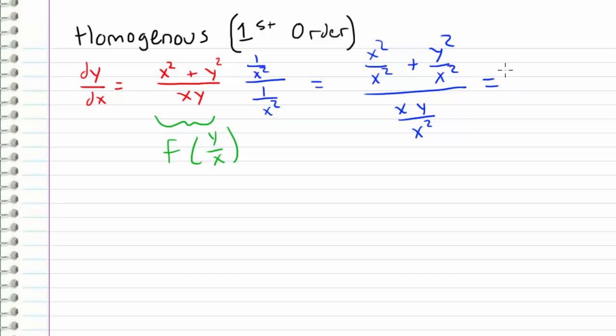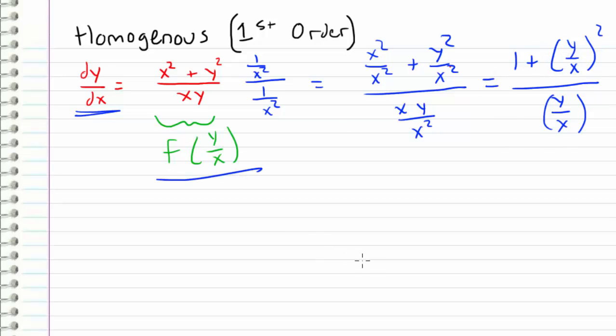And what this simplifies to is 1 plus y over x quantity squared, divided by y over x. So I can see that I have successfully manipulated this differential equation into a form that is only a function of y over x.